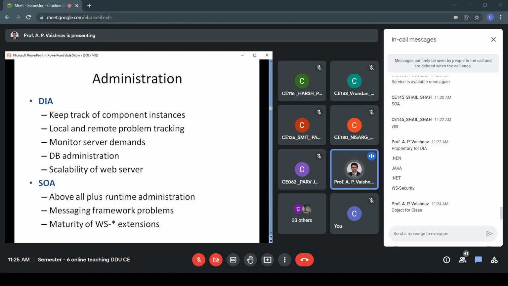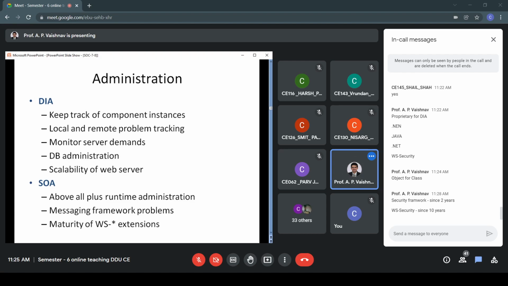It has become a standard since 2 years. And on the other side, you also have the option of WS security, which has been around, for example, since 10 years. Which one do you trust? The latest one or the one which has been in existence for a long time?